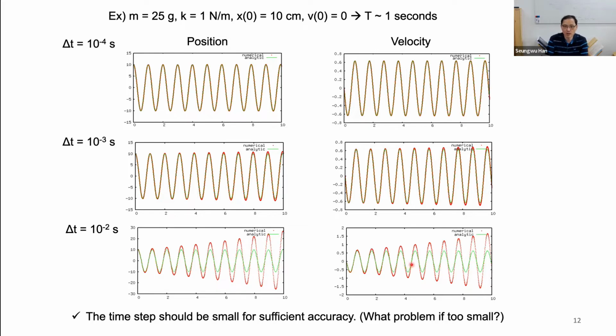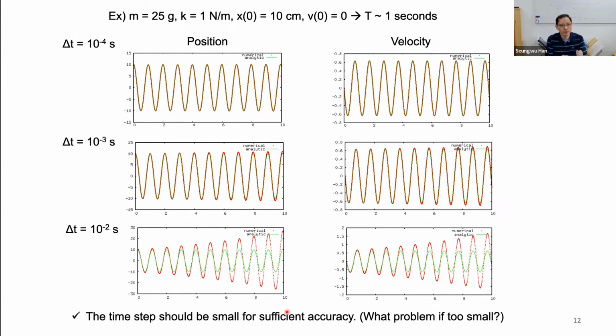Okay, so from here we can see that in order to obtain an accurate numerical result, the time step delta t should be small enough. However, you should not use an indefinitely small time step, because if the time step is too small, then in order to proceed a given amount of time, we have to do much more computation.